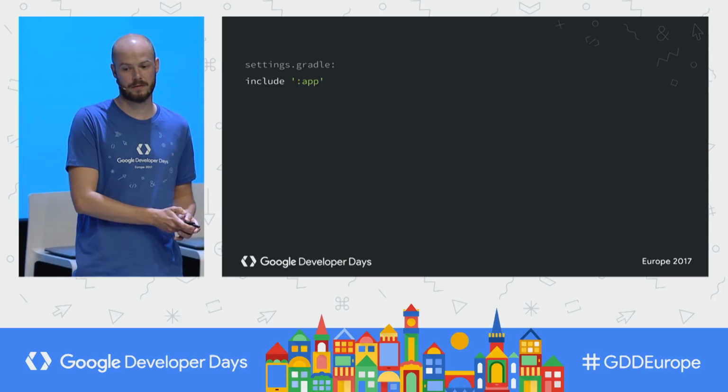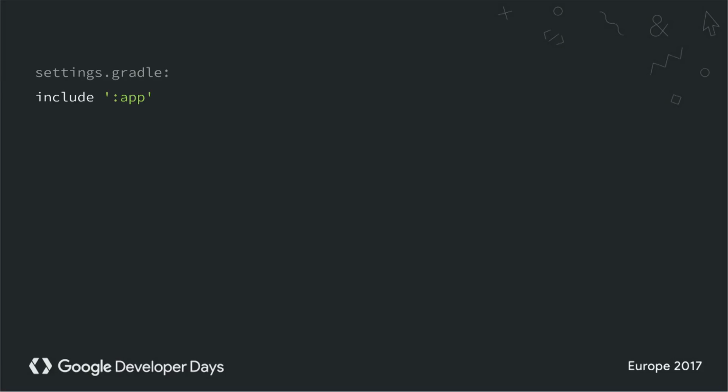Every app has a settings.gradle file if you build with Gradle. Otherwise, there's currently no support on other build systems for that.